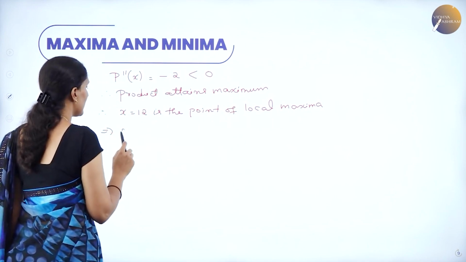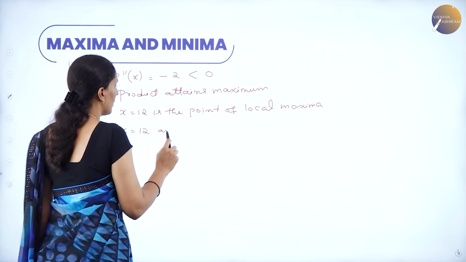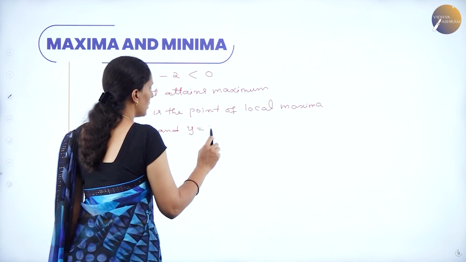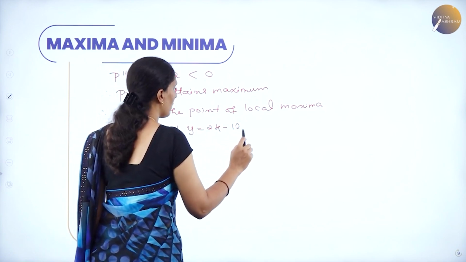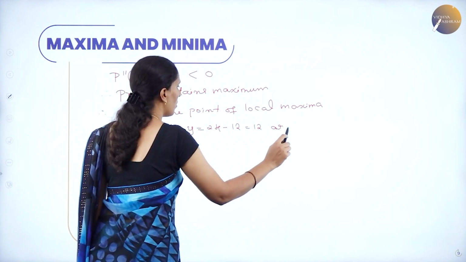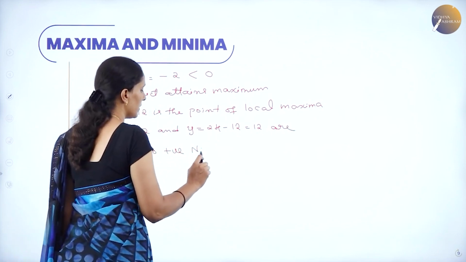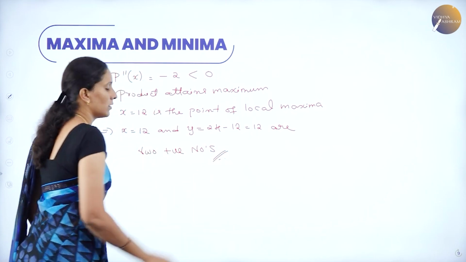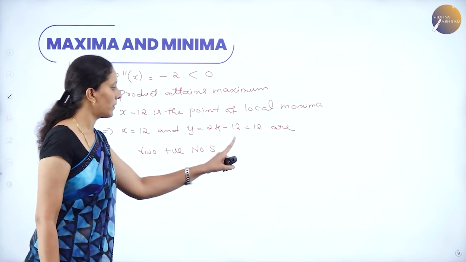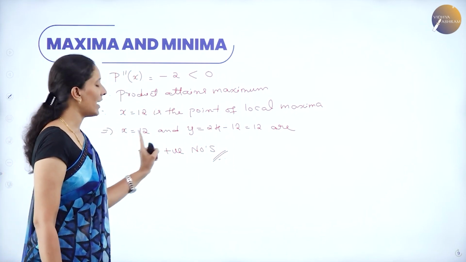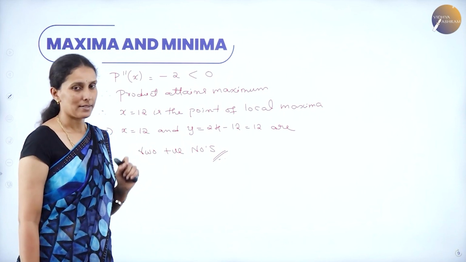So, this implies x is equal to 12 and y is equal to 24 minus 12, which is equal to 12. So, these are the two positive numbers where the product of x into y attains maximum.